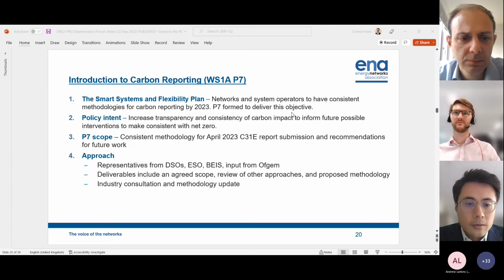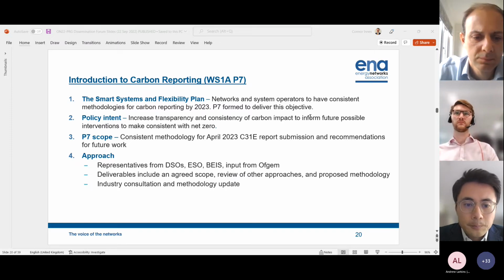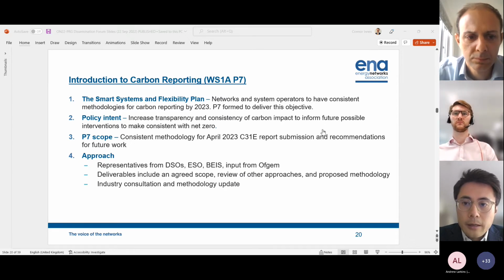So the policy intent was to make the carbon impacts of flexibility services and actions visible and transparent, the reports between companies to be consistent, and to potentially inform future possible interventions to make the flexibility market consistent with net zero. So the product team looked to develop a methodology to feed particularly into the licence condition report called the LC31E report by April 2023, and also to make recommendations for future work.